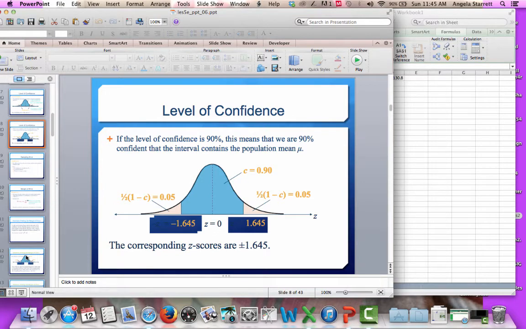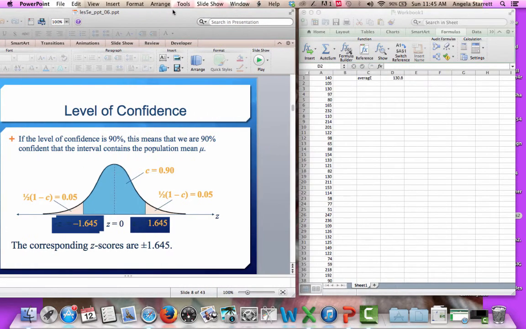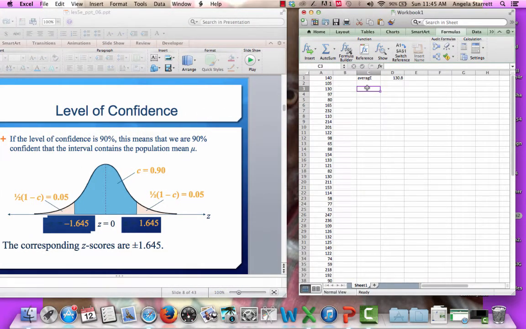Let's think about this. If the level of confidence is 90%, this means that we are 90% confident that the interval contains the population mean. How would we go about getting the critical z? The critical z-score is going to use norm.s.inv of one half of 1 minus the confidence.